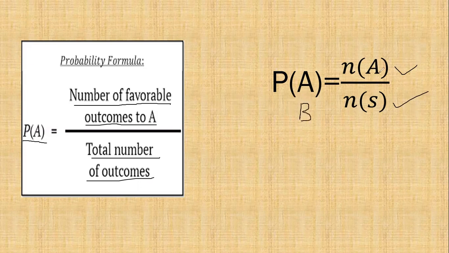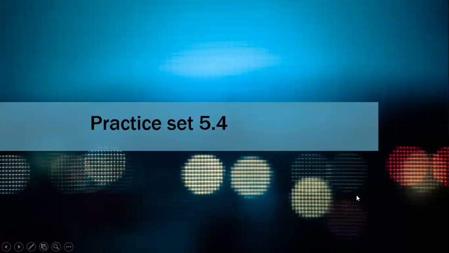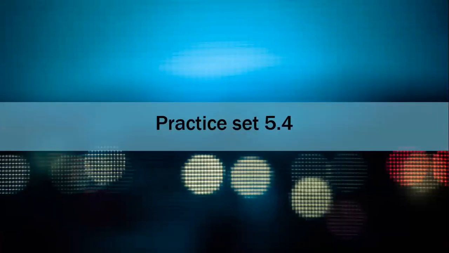Probability of B, number of B upon number of S. If it is C, number of C upon number of S. This remains the same. Is it clear? That's the formula we're going to use in practice set 5.4. Let's look now at practice set 5.4.